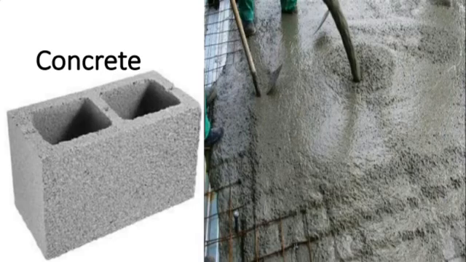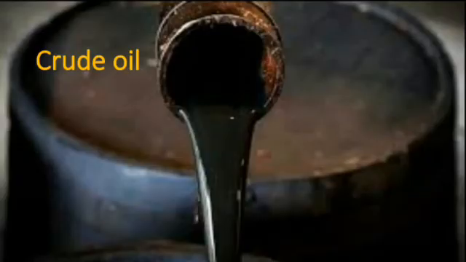We know they are formed by sand, cement mixed with water, and other materials too, like stones and all of that, for more strength to the material. Now let's look at crude oil. The crude oils are hydrocarbons. They are also examples of compositions.